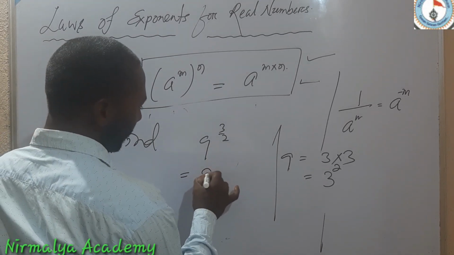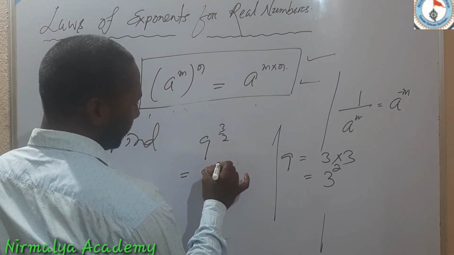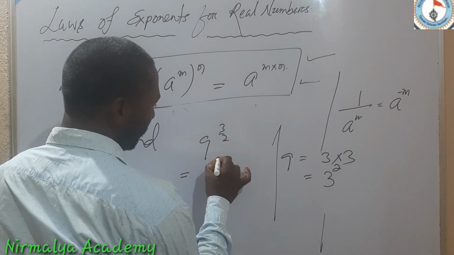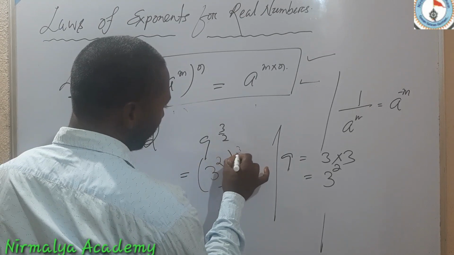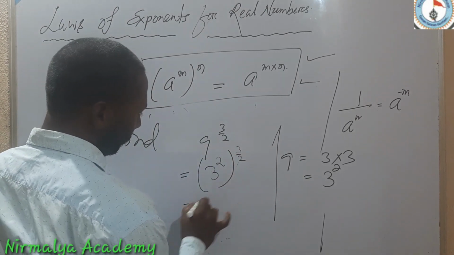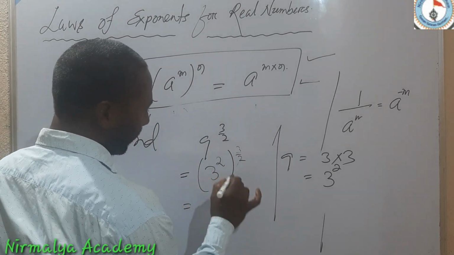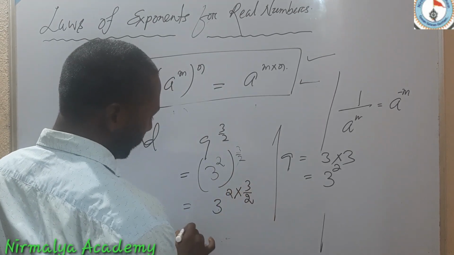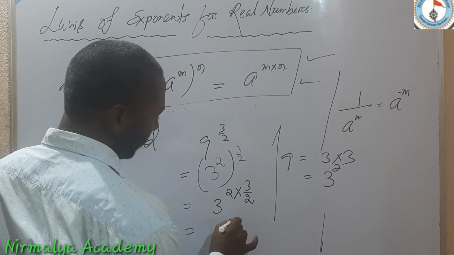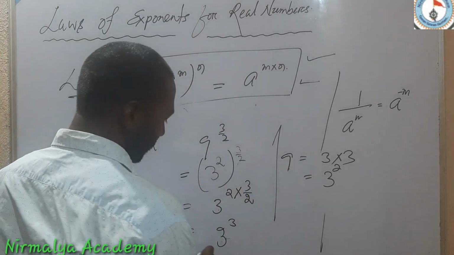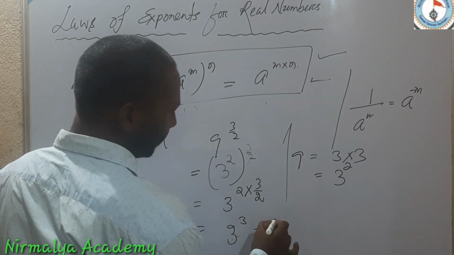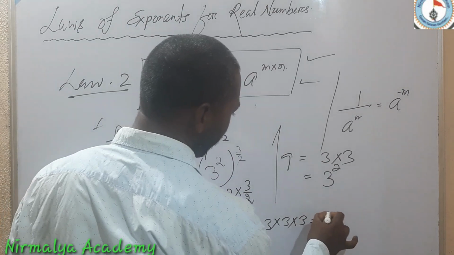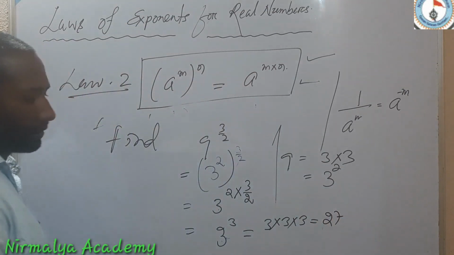So 9 to the power 3 by 2 we can write as 3 to the power 2 whole to the power 3 by 2, equals 3 to the power 2 into 3 by 2, equals 3 to the power 3, equals 3 into 3 into 3, equals 27.